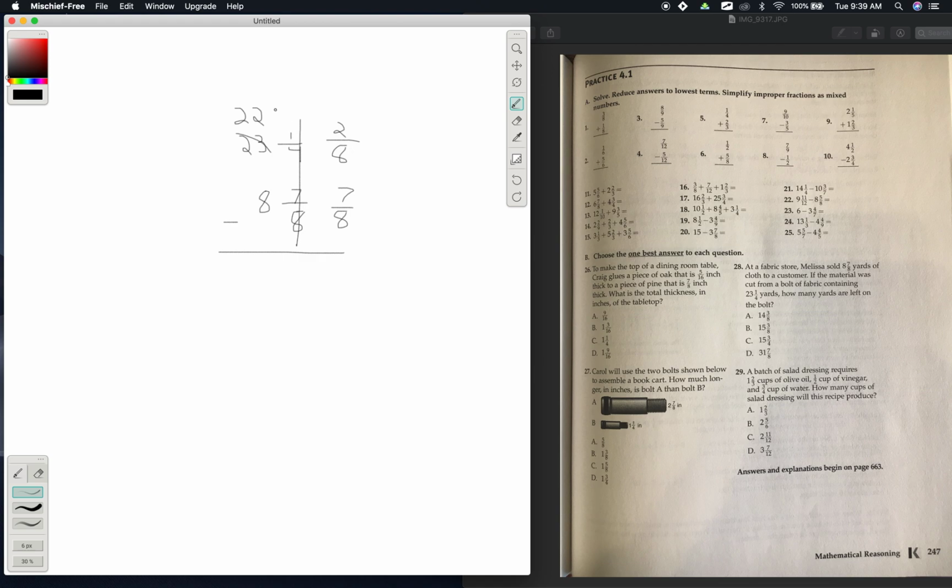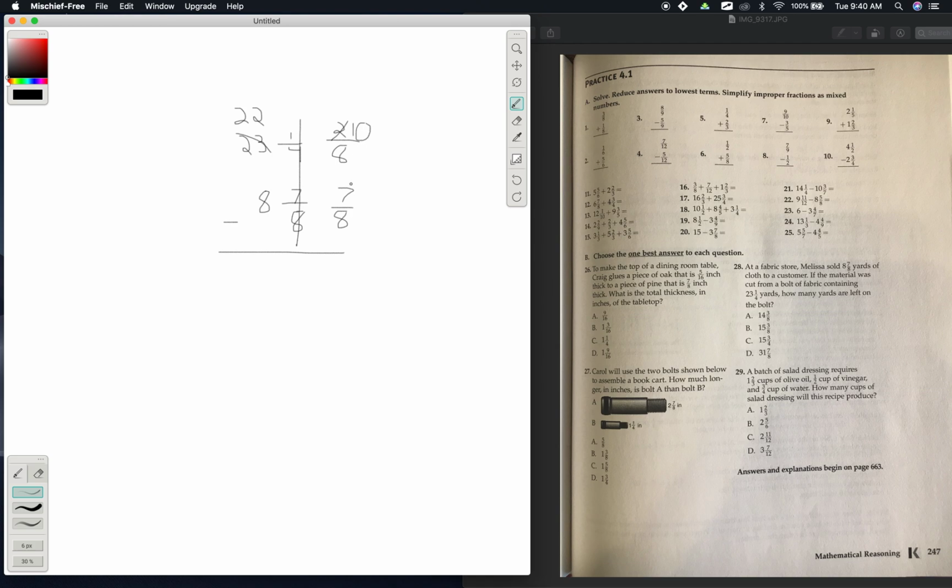So from borrowing 1 here, we've just added 8 to this number. Okay, so 8 plus 2 is 10. We'll just cross this out, make it a 10.